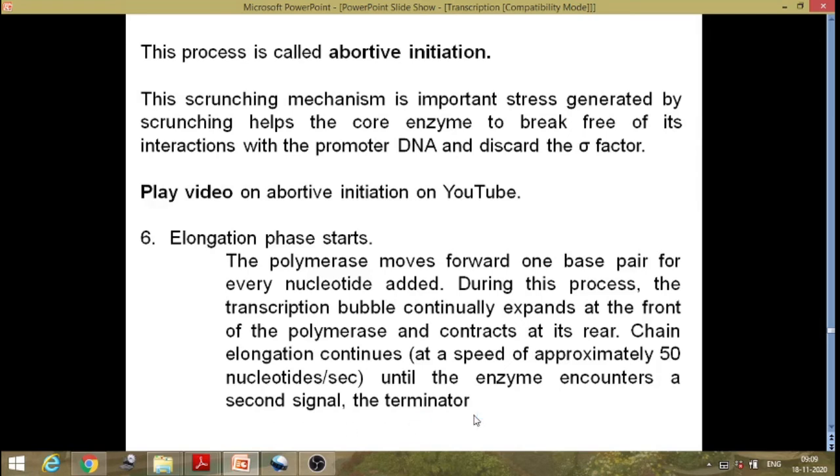So in the elongation phase, the polymerase moves forward along the DNA molecule, one base pair for every nucleotide added, at a very high speed of approximately 50 nucleotides per second, until it encounters a second signal, the terminator.